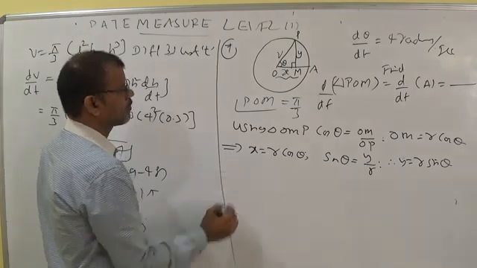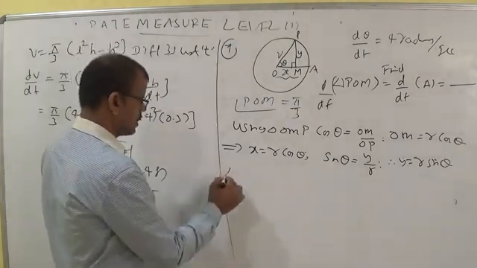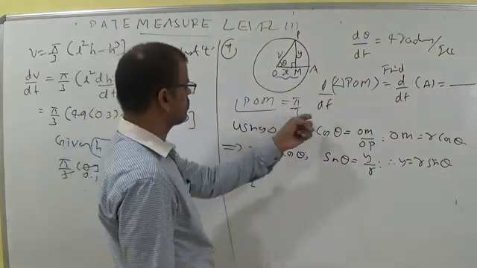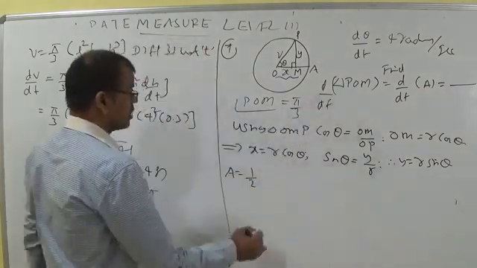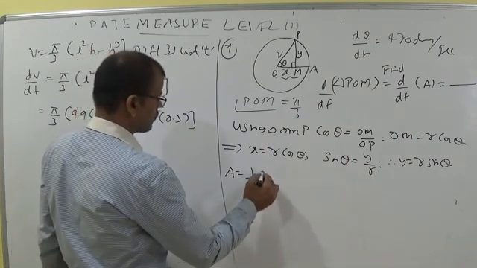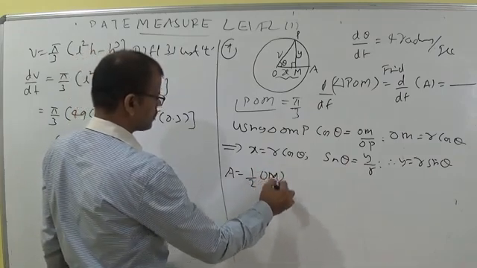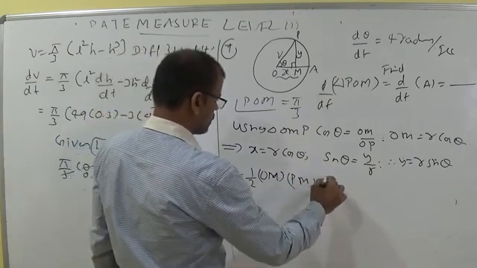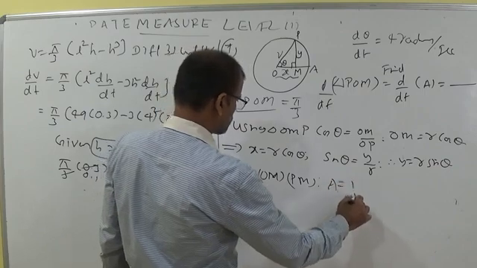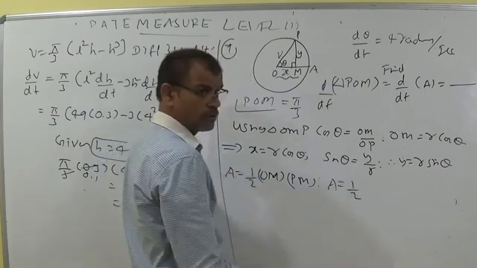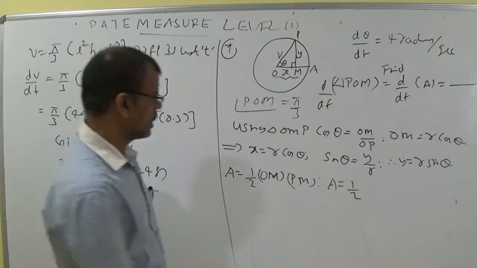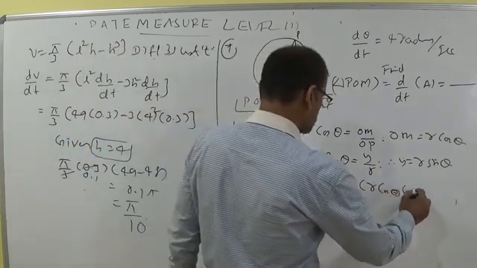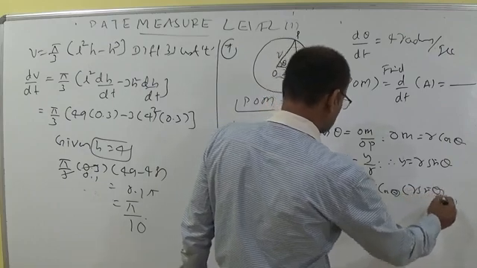Now, the area of triangle formula we can discuss. He is asking about the area of triangle POM. The formula is 1 by 2 into OM into PM, half into base into height. Therefore, A is equal to 1 by 2 into OM, which we wrote as R cos theta, into y, which we wrote as R sin theta.